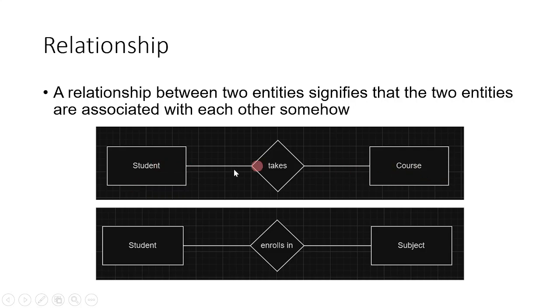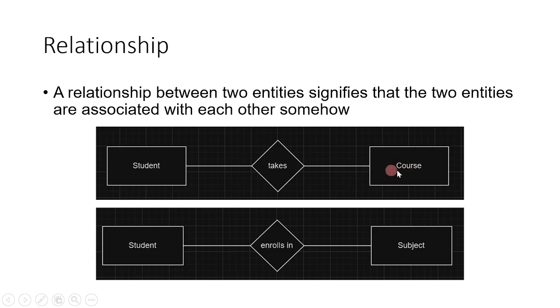Okay, so many students, okay, this is many, can take one course. Okay, or one course can be taken by many students. So one record here has many links to the student, but each link on the many side has only one link to our one table.